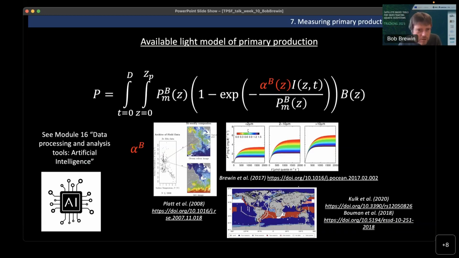Now, there is a lot of exciting work going on, and I know there's going to be a module 16, I think, looking at artificial intelligence, but a lot of promising work showing how well AI-based or machine learning may be able to help in our estimation of these two photosynthesis parameters, alpha B and PB max.